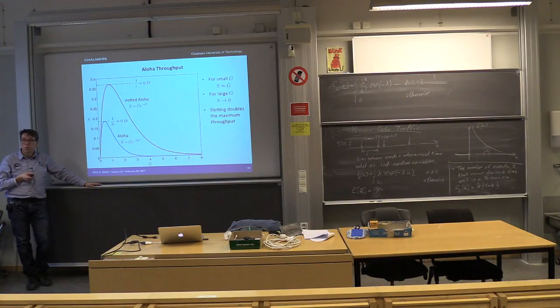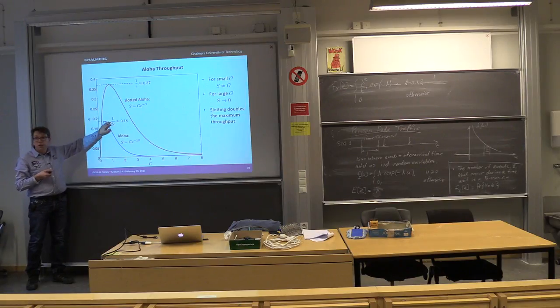The cost for coordinating using ALOHA is that we can only get about 20% through. 80% is lost due to coordination. So it's not a very efficient protocol, but it's super simple, so therefore sometimes used.